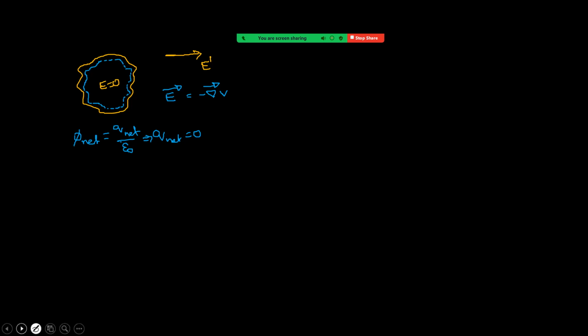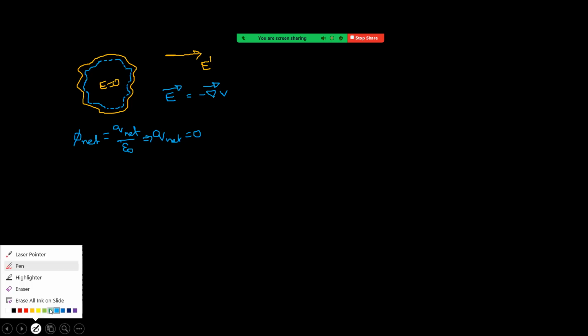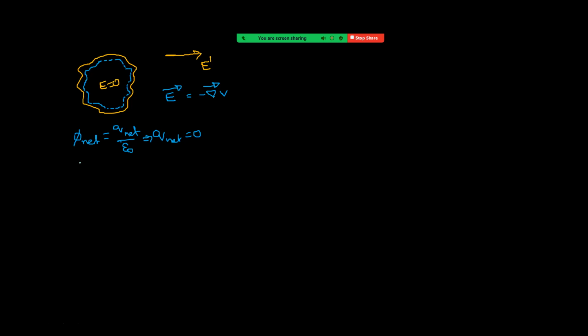So the next important point is potential. That implies potential inside is a constant. So this is an equipotential region. And if you take the surface, it is an equipotential surface.